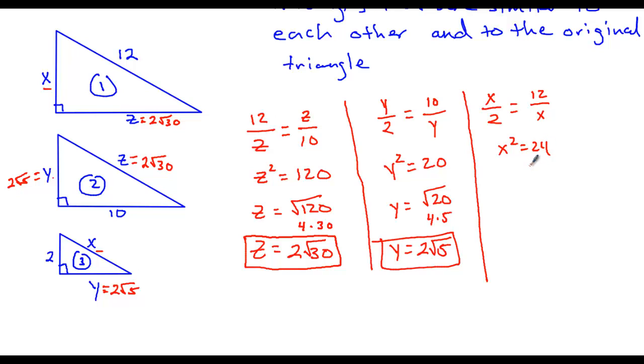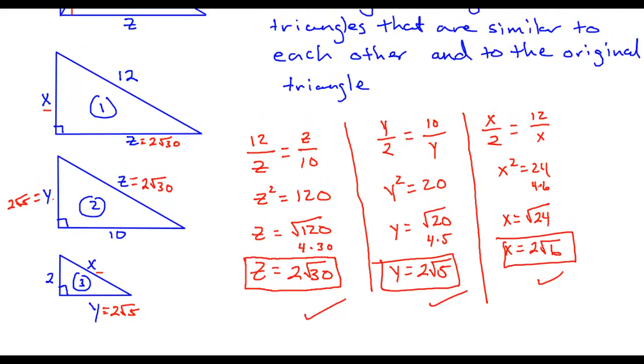I need to simplify this. This is 4 times 6, so x equals the square root of 24, which is 2 square roots of 6. And that's it. Those are my 3 side lengths that I needed to find. It's not that long of a process. It's not as hard as you might think it is, but with a little bit of practice you'll be fine with it.